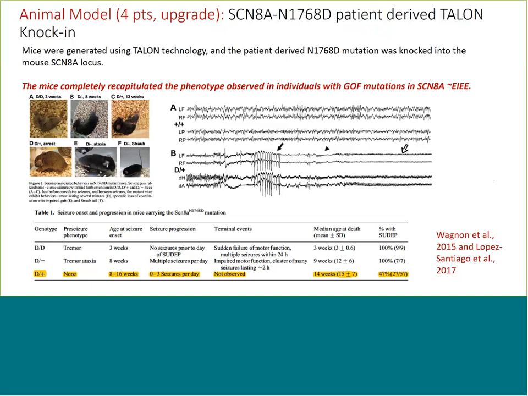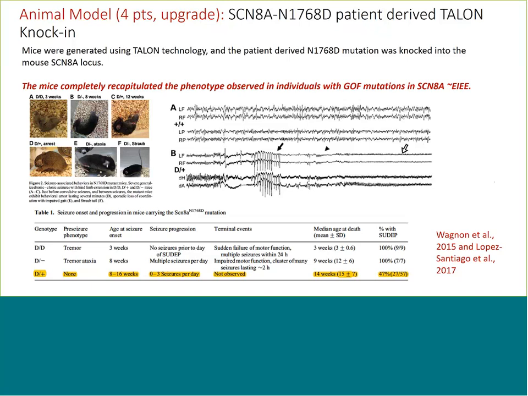With this specific animal model, it was using the TALEN technology. This was the technology used prior to our CRISPR-Cas9 now, but basically it allows for a knock-in of mutations directly into the mouse locus in the allele. And so the authors here generated mice that were expressing this variant that was associated with EIEE.